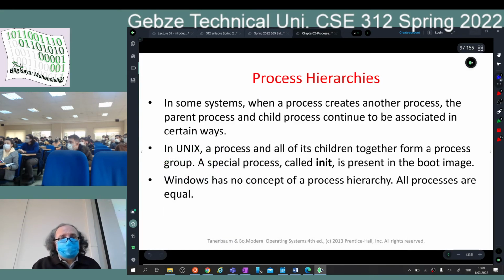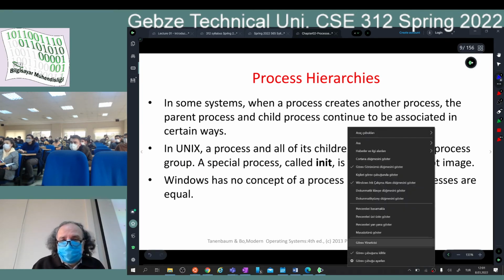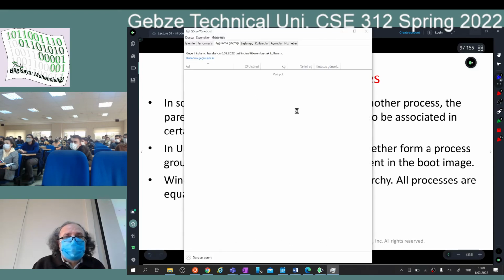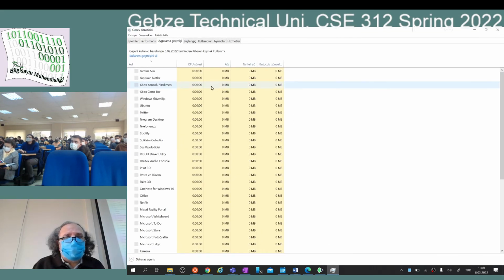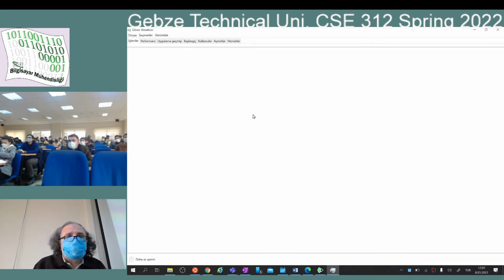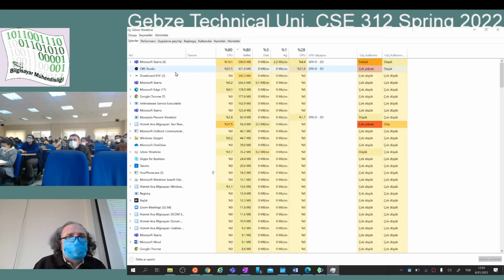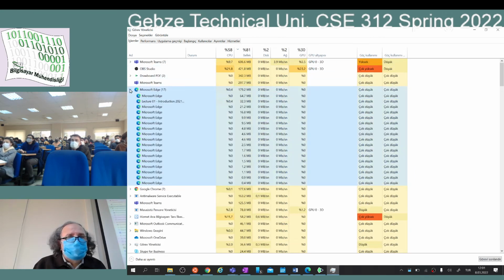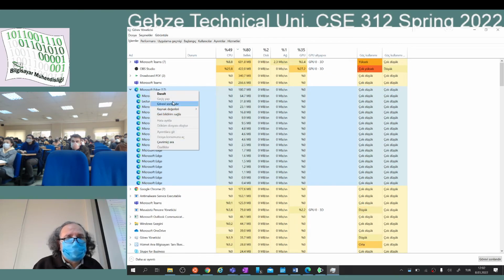In Windows, again, I can have this hierarchy, and I can say that this is the child of that one. I cannot find it there, but it is not directly supported by the kernel of the operating system. As you see, everybody is working using the CPU, but let me try to see if I can find it in the details.